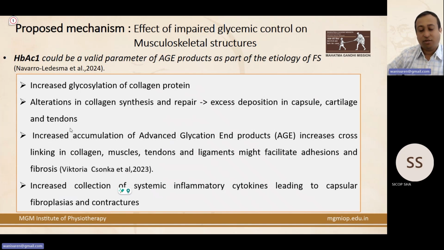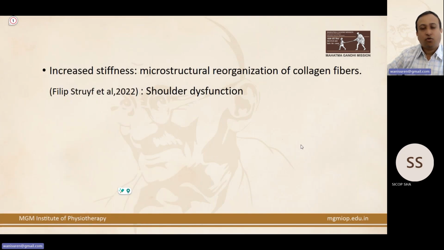This is also one of the main reasons: because of prolonged hyperglycemia, there may be an increased collection of systemic inflammatory cytokines leading to capsular hyperplasia, and contractures may lead to adhesive capsulitis also. Now, increased stiffness at the shoulder joint was found by some authors in patients with shoulder dysfunction due to microstructural reorganization of the collagen fibers, leading to increased stiffness and reduced mobility also.